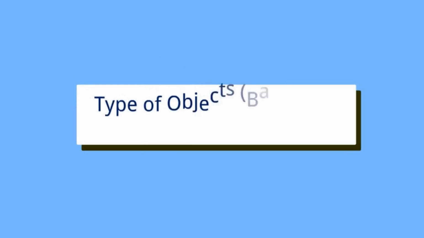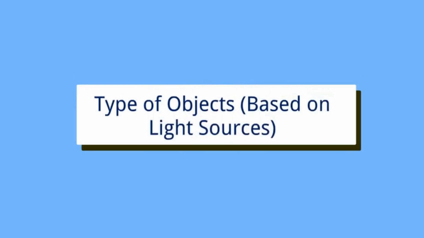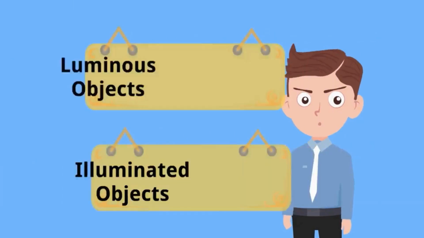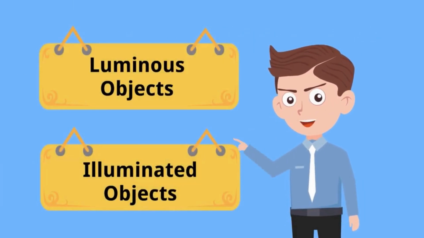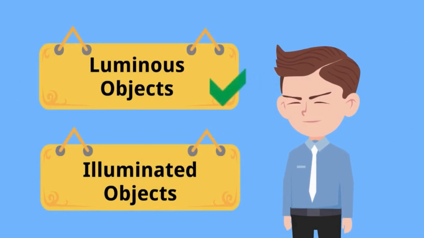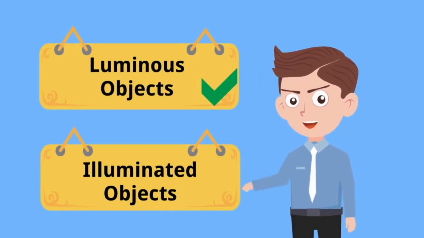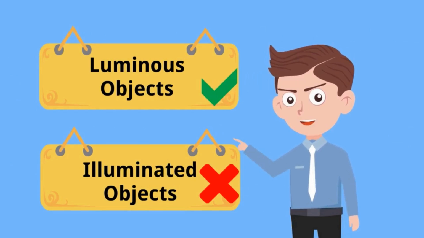So based on light sources, there are two types of objects, luminous objects and illuminated objects. Luminous objects can produce light and illuminated objects cannot produce light, they can only reflect light.